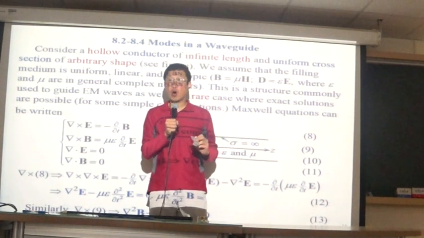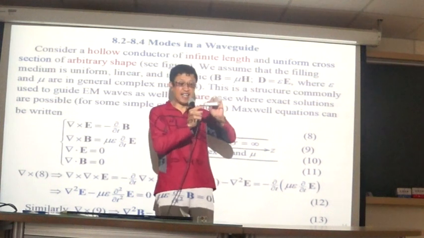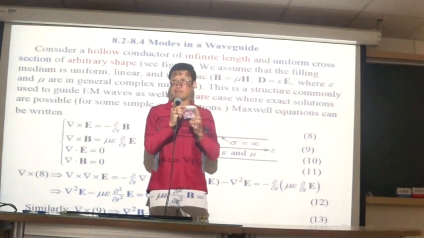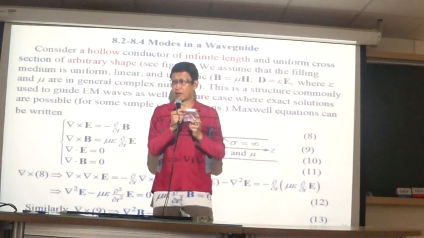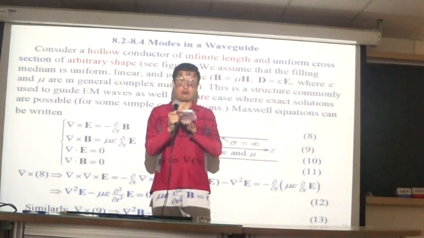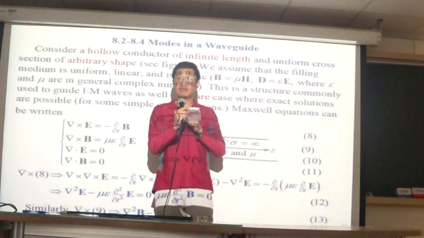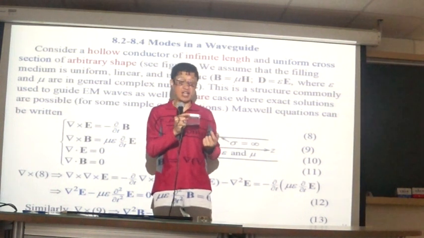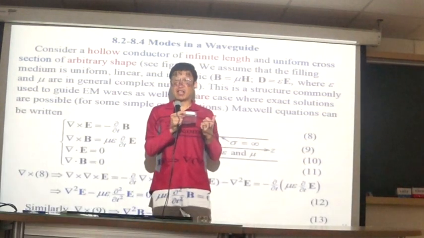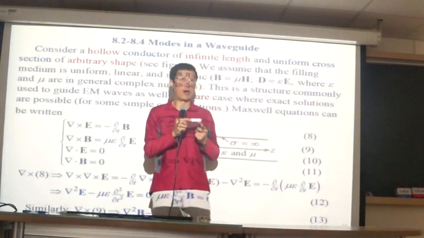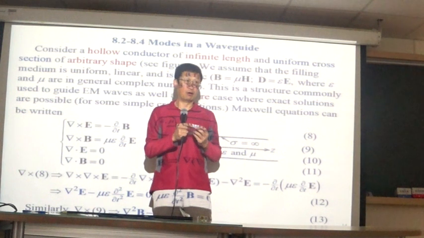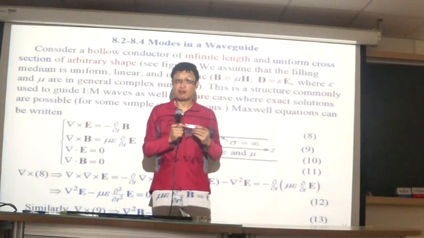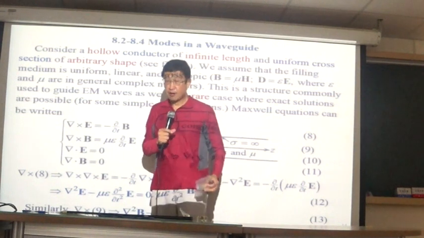That means wave can propagate inside the waveguide from this end to this end, and the loss may be 90%. Wave cannot propagate inside. It will be absorbed by the waveguide. So the terahertz waveguide is another very important issue for waveguiding. That's why the terahertz waveguide is very difficult.